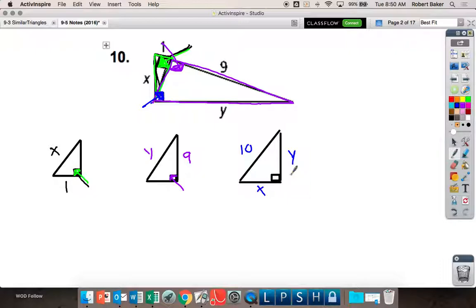Now, you have to solve for 2 variables, x and y. What are the only 2 triangles that have x? The first triangle and the last triangle, the small one and the big one. If I use these two triangles to solve for x, you can do x over its corresponding length, 10, and 1 over its corresponding length.